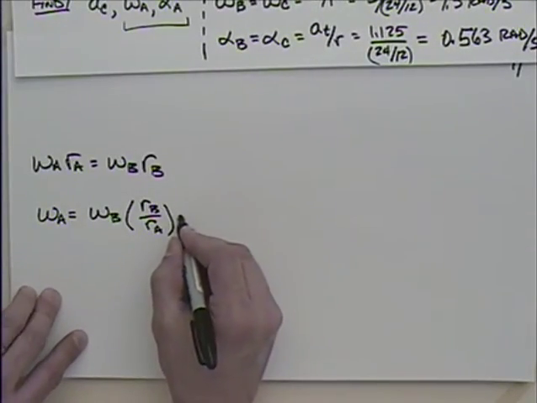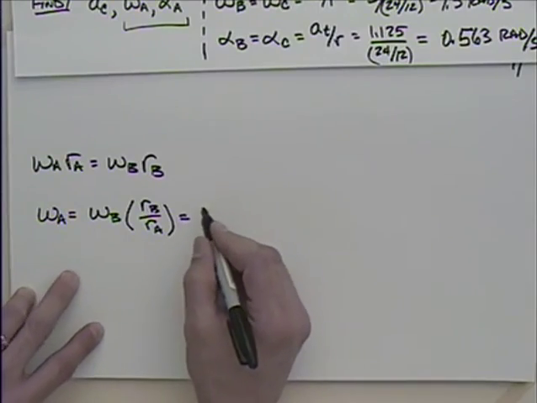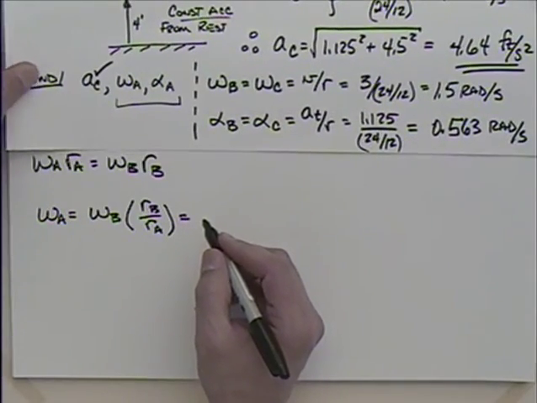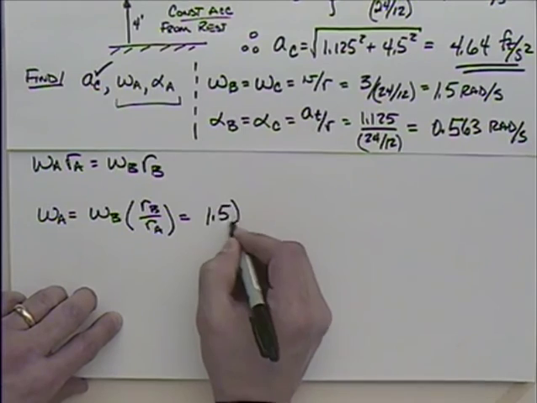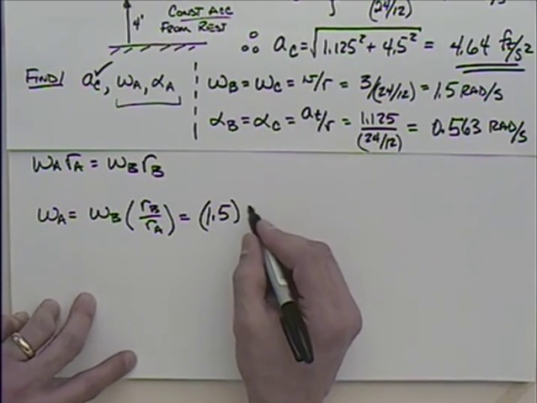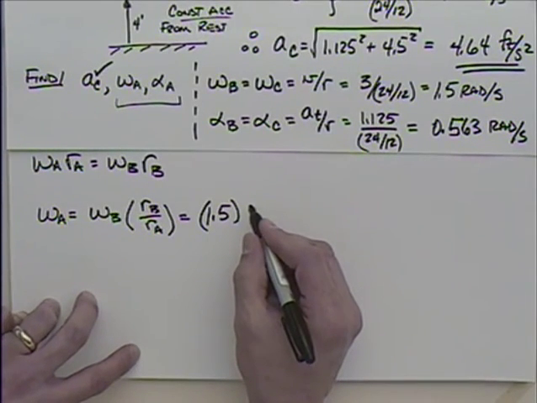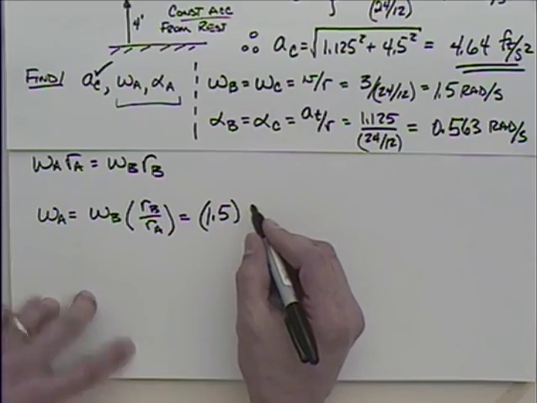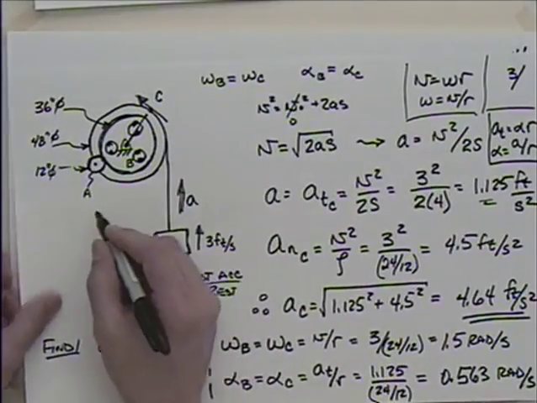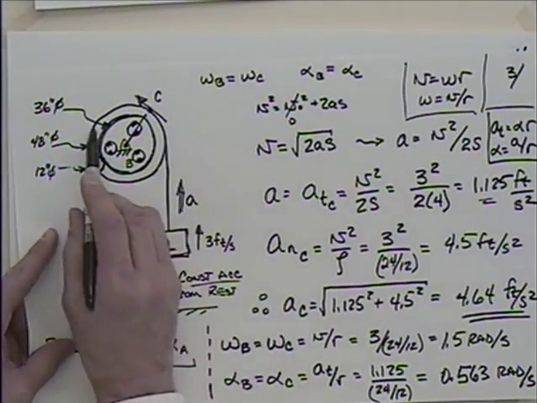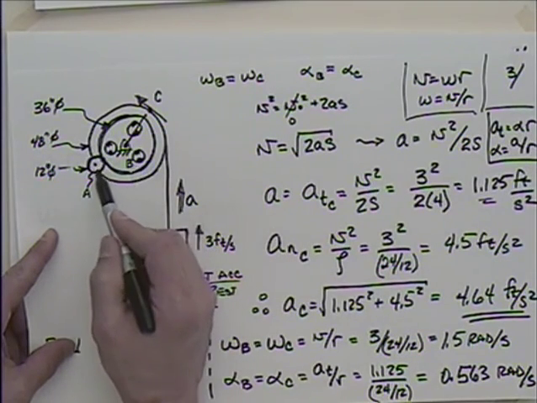So we can say then that this is equal to omega B, which we have here, 1.5, times then what's the radius of B? That was, if we look at the radius of B, half of 36, whereas the radius of A is half of 12.